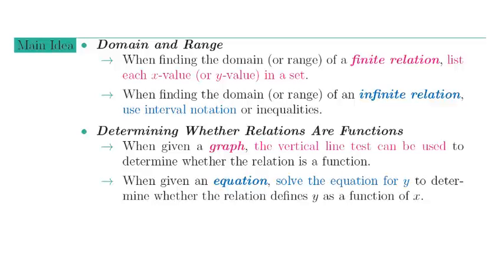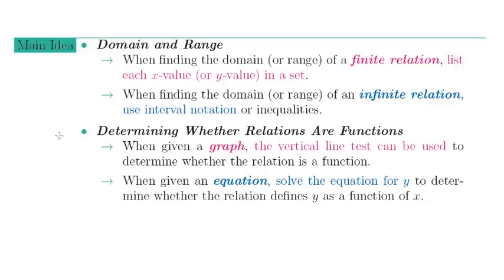Let's recap everything we've discussed thus far. Domain and range. When finding the domain or range of a finite relation, we want to list each x value or y value in a set. When finding the domain or range of an infinite relation, we want to use interval notation or inequalities to express the domain or range.